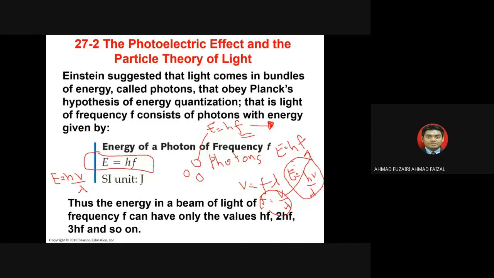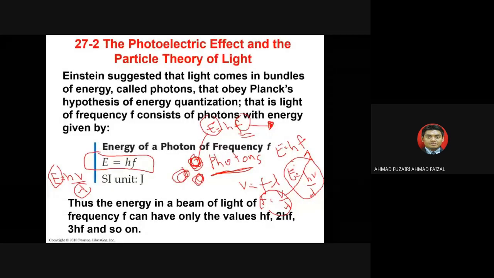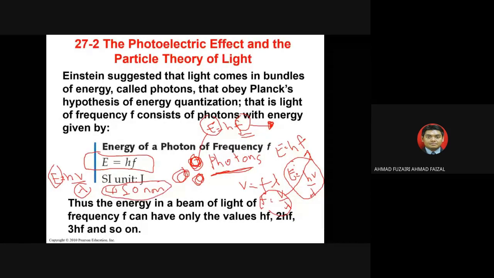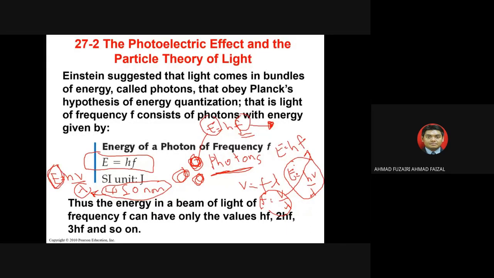According to Einstein, this particle of light is made up of photons, and the photon energy depends on frequency, or depends on the wavelength lambda. For example, if you have a blue light made up of photons which have a wavelength of 450 nanometers, you can input this value here and calculate the energy.